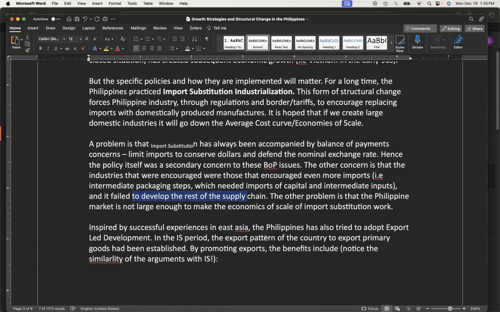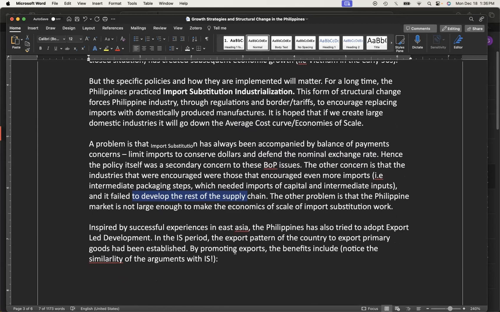Inspired by the successful experiences in East Asia, and this one might make even more sense than ISI, as I'll explain later, the Philippines tried to adopt export-led development or export promotion. So in the import substitution period, the export pattern of the country to export primary goods had been established.